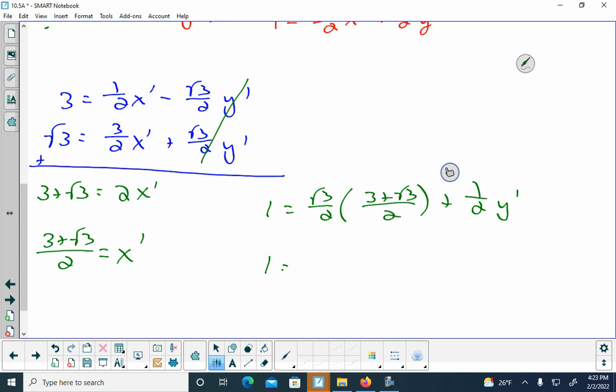So 1 is equal to, distributing the square root of 3, I'm going to have 3 square roots of 3 plus 3, because it's squared, all over 2 times 2 is 4, plus 1/2 y prime.